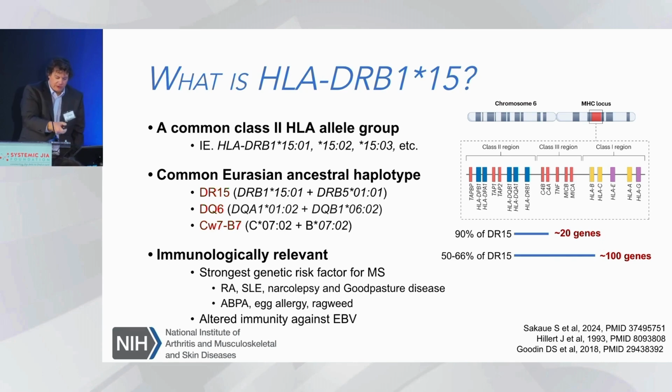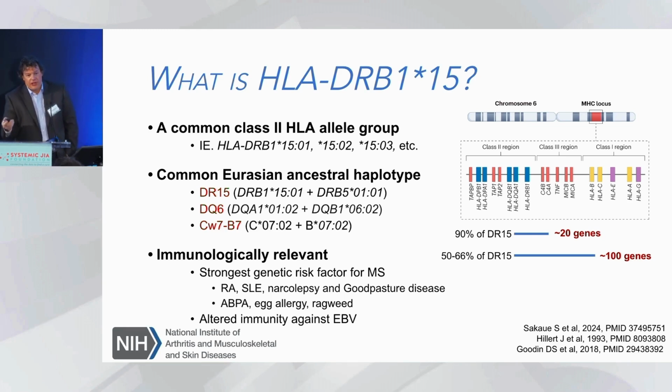And so in these extended versions, 90% of HLA-DR15 haplotypes go all the way to the complement C4A and C4B genes, and two-thirds of them go all the way to HLA-B. So DR15 is where we found the association, but the truth is this links to a large haplotype that could envelop a lot of other genes that might not be HLA-DRB1*15 as the effector of this risk.